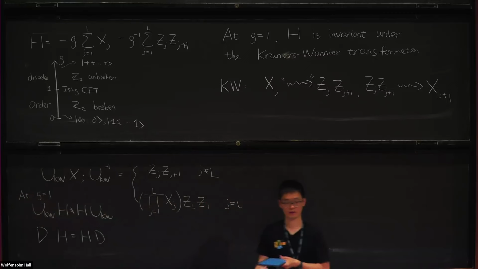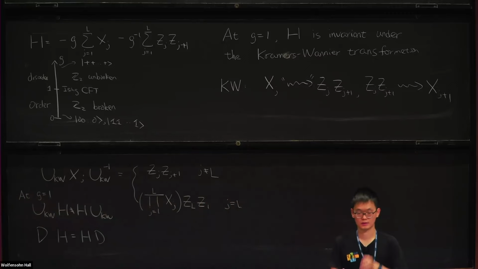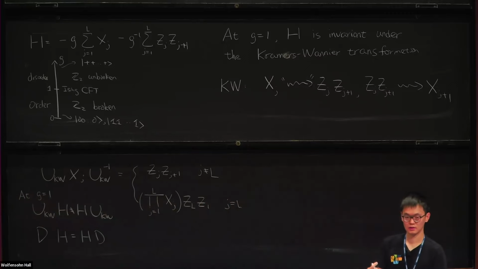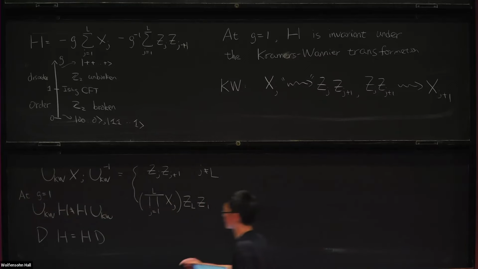Yeah. In the U_KW, the Z_L Z_1, that's the reason why we need a second expression for j equals L. So why do we use that? Good. Yeah, so that's the next point I was going at. If you look at the expression for the U_KW, you pick a starting point, 1, kind of arbitrarily, and then you build your sequential quantum circuit.